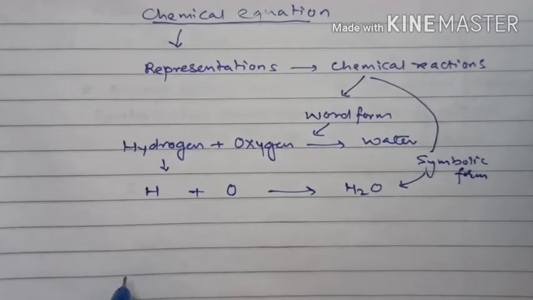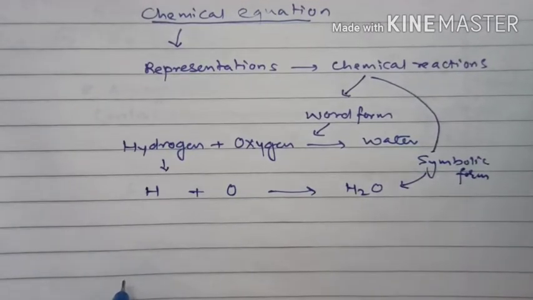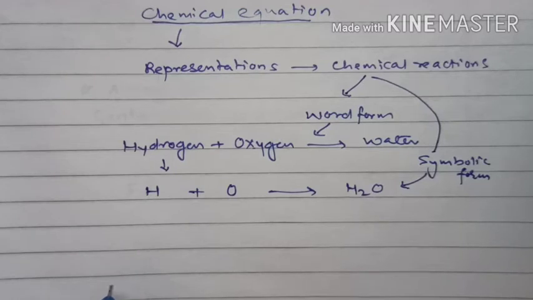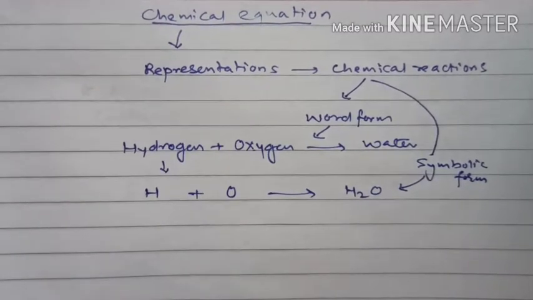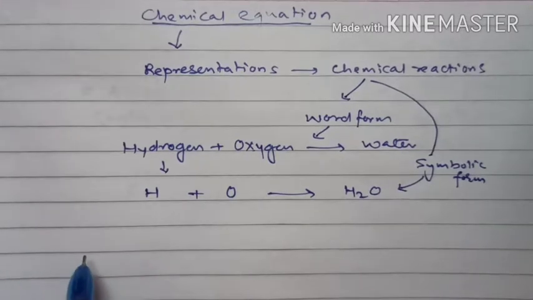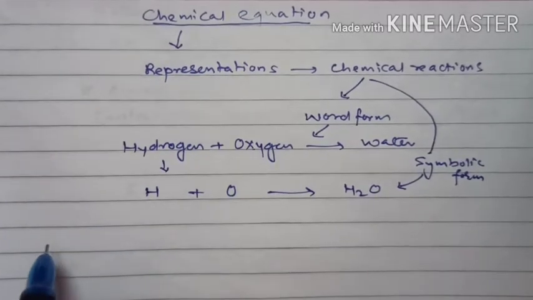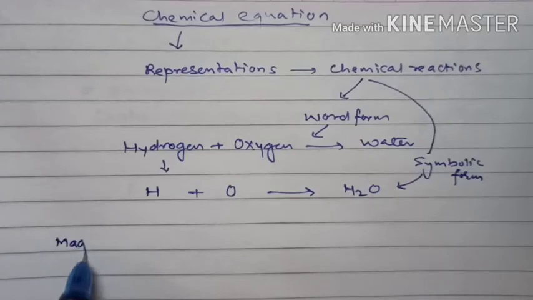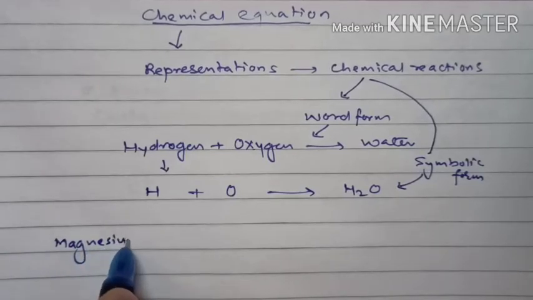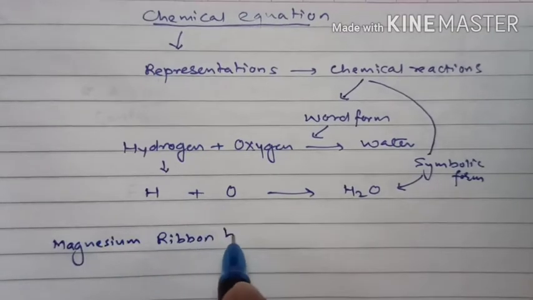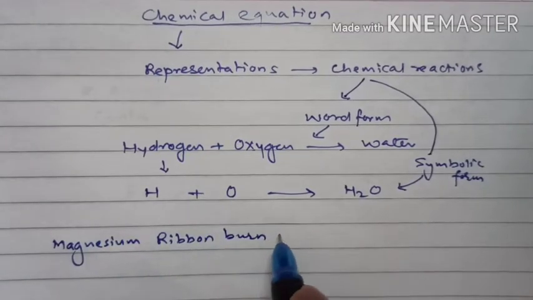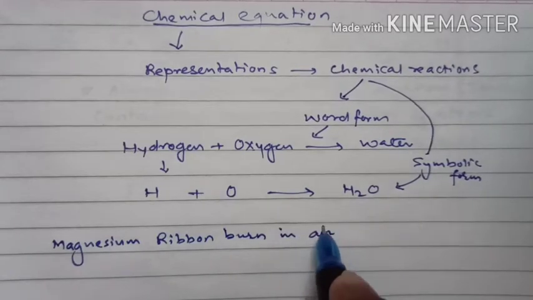We have seen many examples over the last few years. In the last standard also, we have taken one example of a chemical reaction that is taking place. In 9th standard, we have studied when magnesium burns. When a magnesium ribbon is burned in air, what will happen?